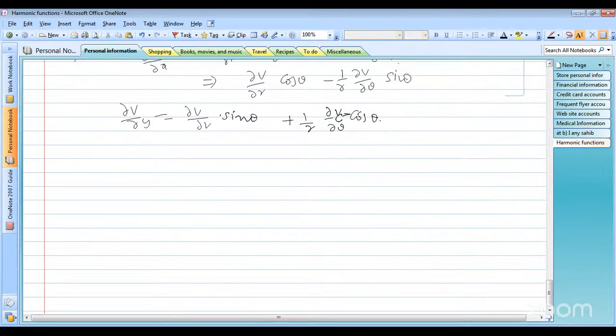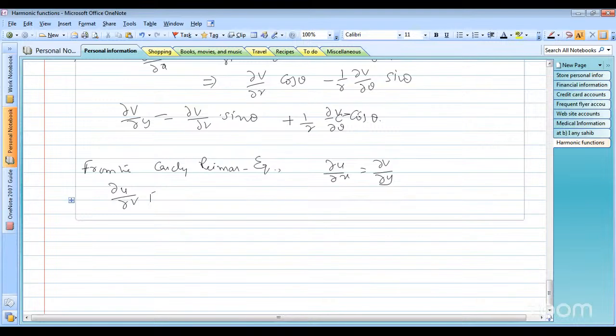Then from the Cauchy-Riemann equation, dou u by dou x is equal to dou v by dou y. We know the value of dou u by dou r, given in the earlier problem, dou u by dou r minus 1 by r dou v by dou theta.